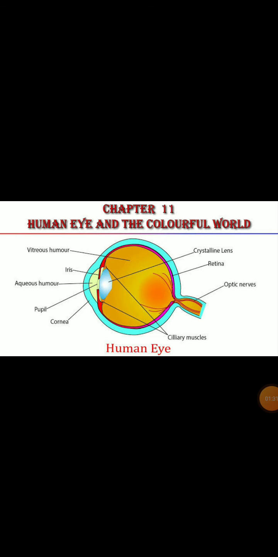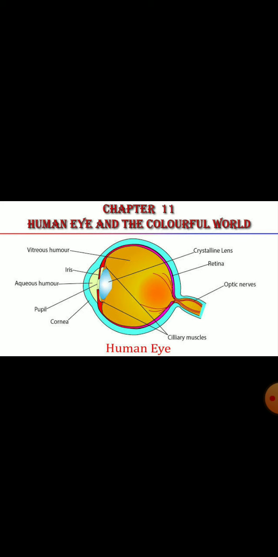If we look at the structure of the human eye more precisely, we can clearly see that the crystalline lens is attached with ciliary muscles on both sides. So what happens? The change in the curvature of the eye lens will change its focal length also.